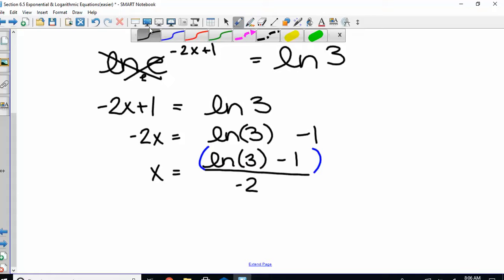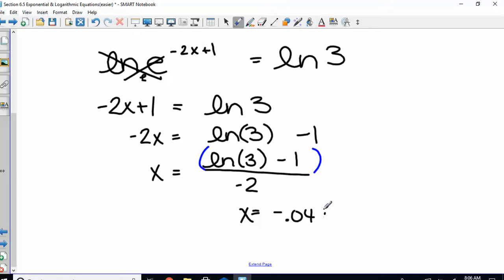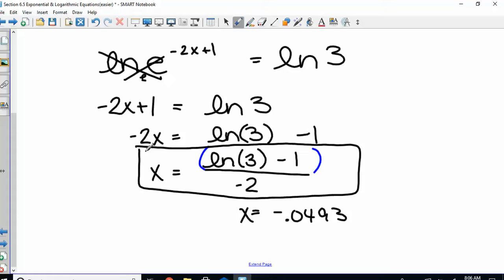And this time I'm using that ln button. So here's my exact answer, and there is my decimal approximation when I put it in my calculator.